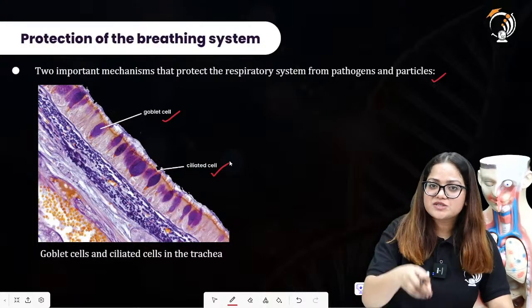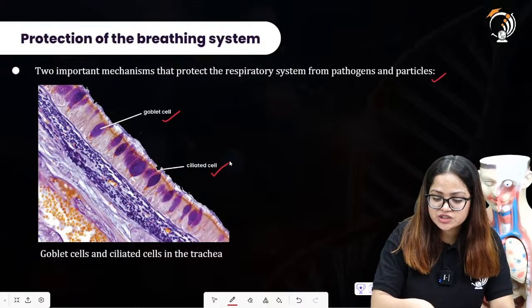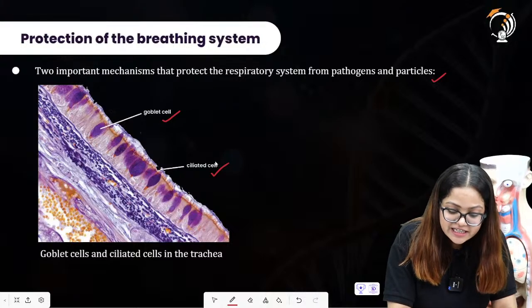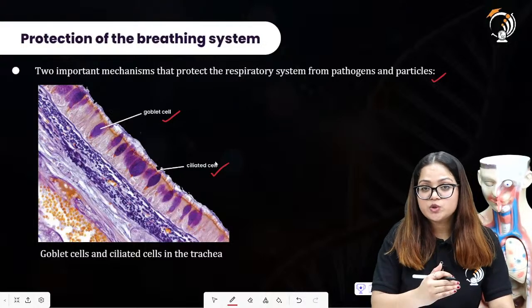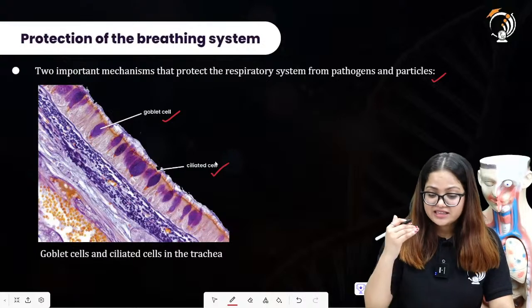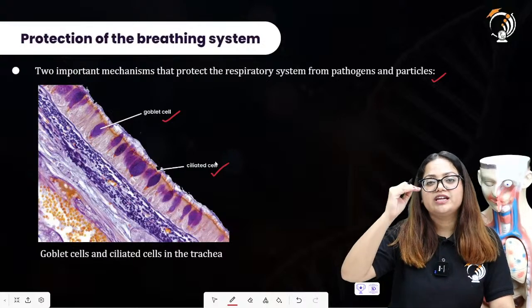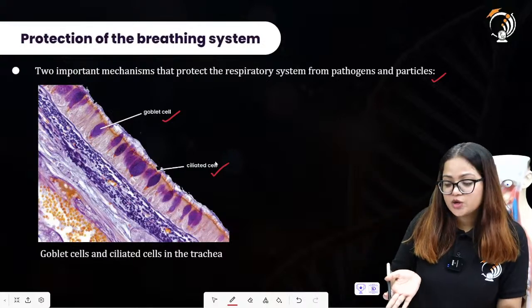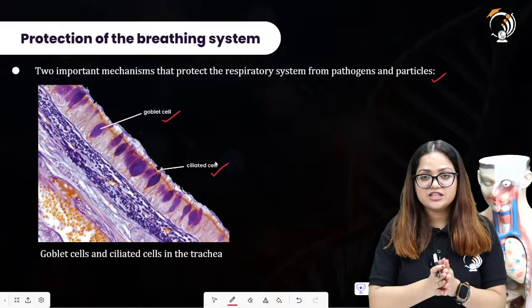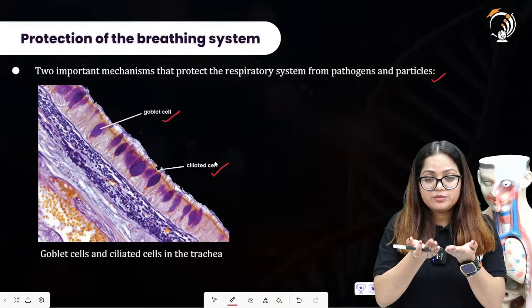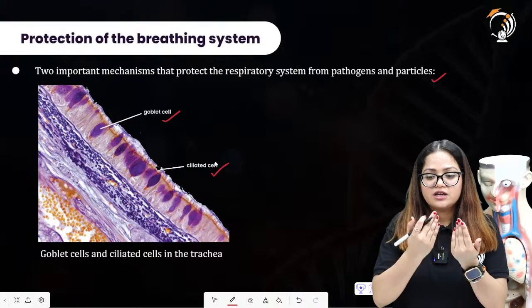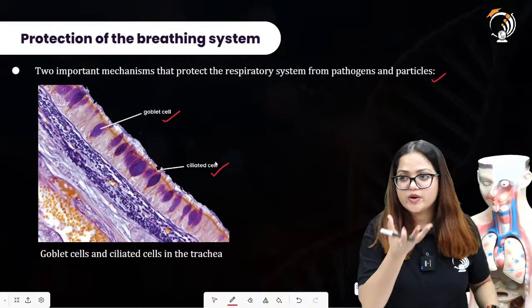Mucus traps the bacteria and pathogens, and ciliated cells help in removing these agents from the body by moving in a coordinated pattern, by which they expel the mucus out from your lungs and throat.